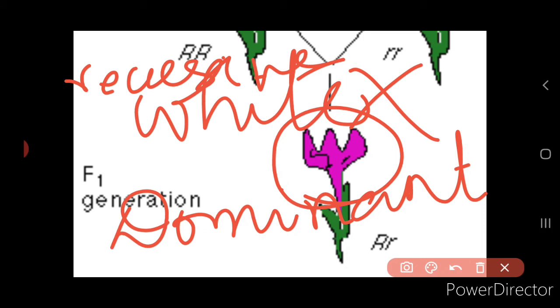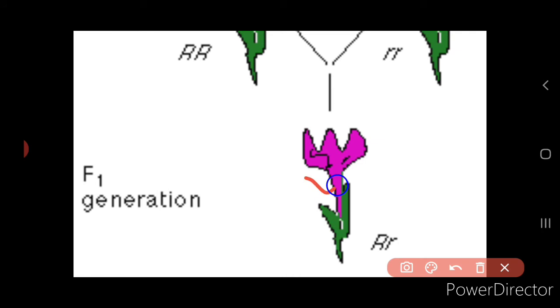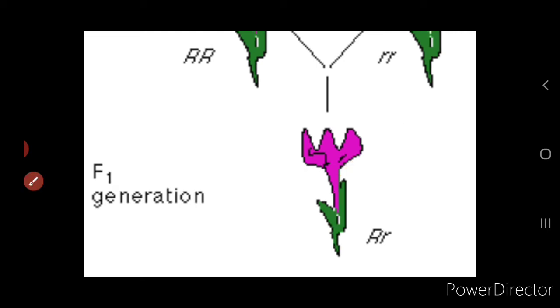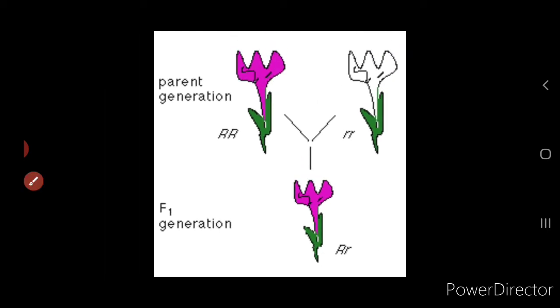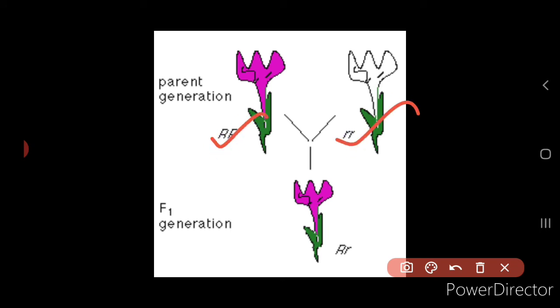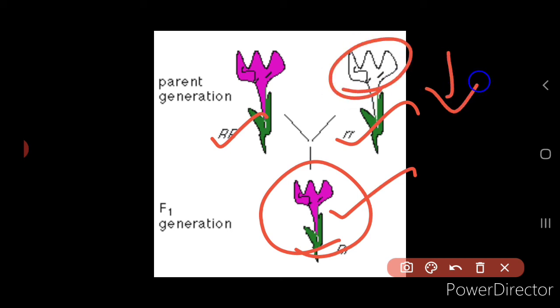So the one which does not appear in the first generation is the recessive character, and the one which appears in the first generation is the dominant character. So this is called the law of dominance. Now here you can see the parents, the purple and the white flower, are crossed, and in the first generation you can see a purple flower, isn't it? So the purple flower is the dominant character and the white flower is the recessive character. So this is about the law of dominance.